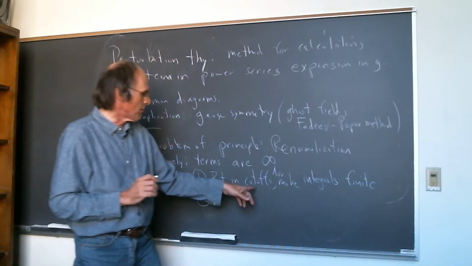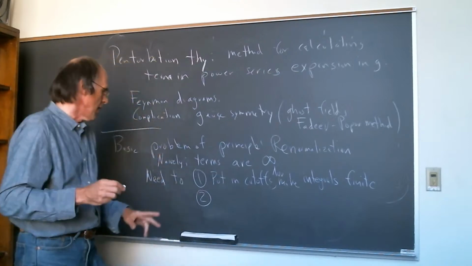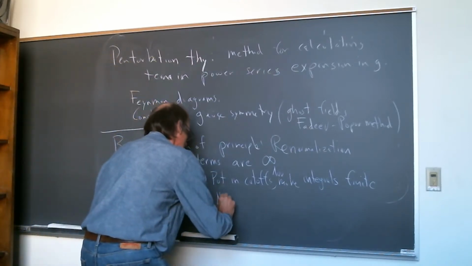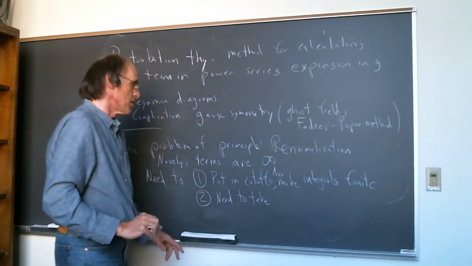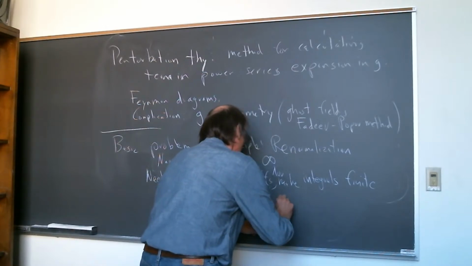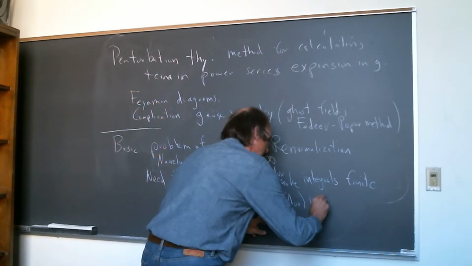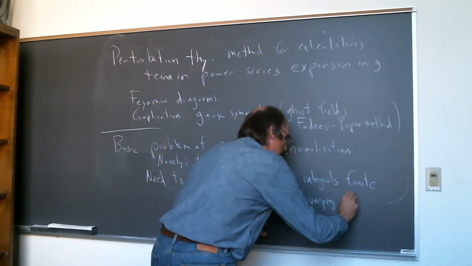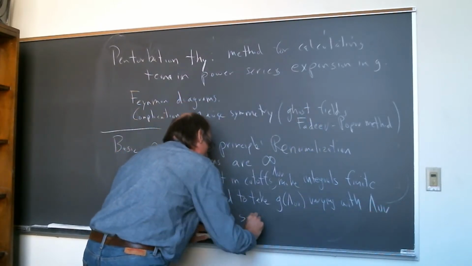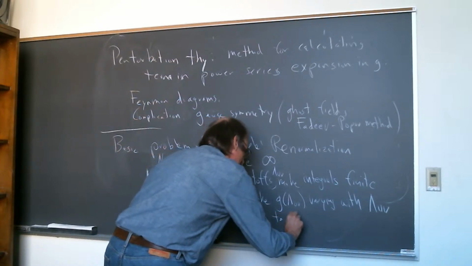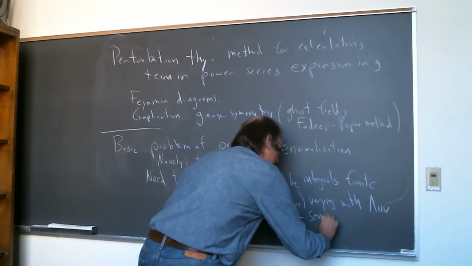Then you try and take this to infinity, or the scale down to 0, and you need to take G of lambda UV, varying lambda UV so as to get a sensible physical result.